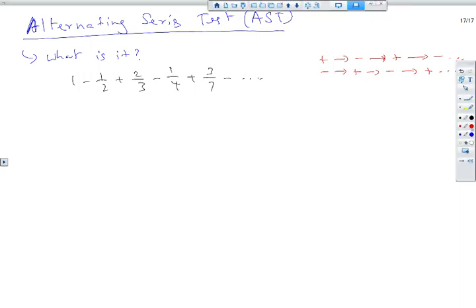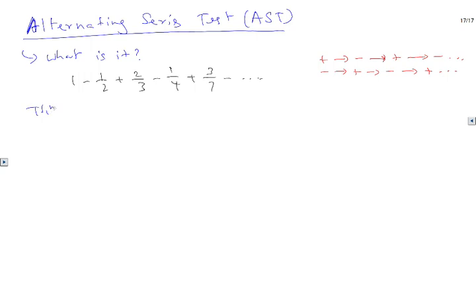So what does the test say? Let's write it as a theorem. It's called the alternating series test, or the AST. Any alternating series you can write in this form: (-1)^(n-1) b_n. That's going to carry the sign.